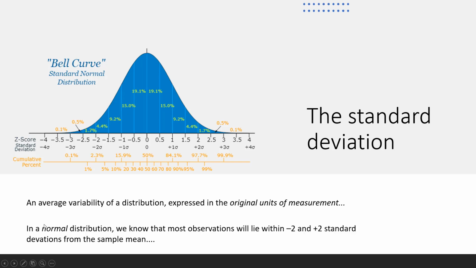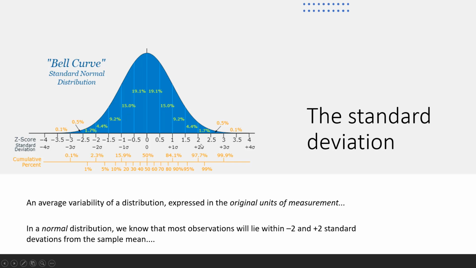As I said, in a normal distribution, and this is a standard normal, so we've converted it into standard deviations, so 0, -1 standard deviation, -2 standard deviations, most people are going to fall within -2 to +2, and a bulk of those within -1 to +1.